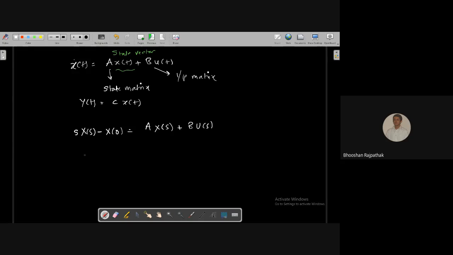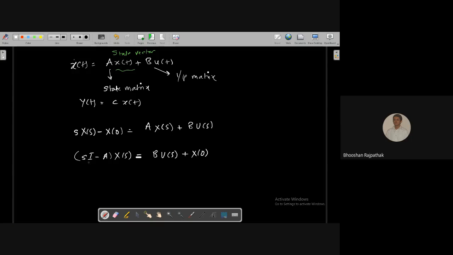Now we can have (sI minus A) X of s. Since these are vectors and matrices, where we multiply also matters. We cannot write X of s into (sI minus A); sI minus A will come on this side only, because A is multiplied by the vector X of s. So (sI minus A) X of s equals B U of s plus x0.